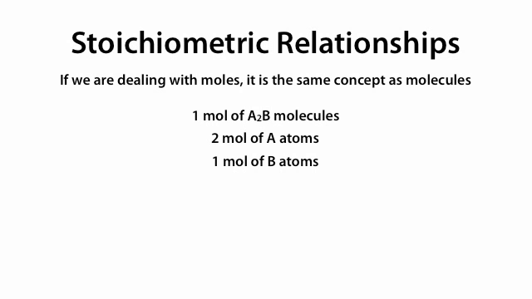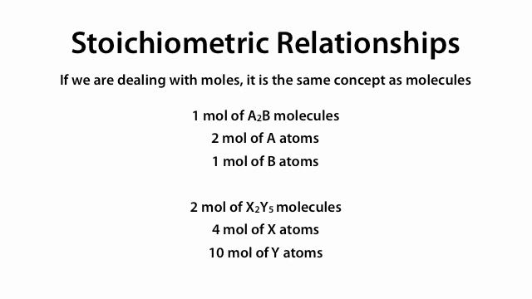1 mole is just scaling this up to many molecules. 1 mole makes 2 moles of A atoms and 1 mole of B atoms. What if we had 2 moles of X2Y5 molecules? In 2 moles of X2Y5 molecules, we have 4 moles of X atoms and 10 moles of Y atoms.